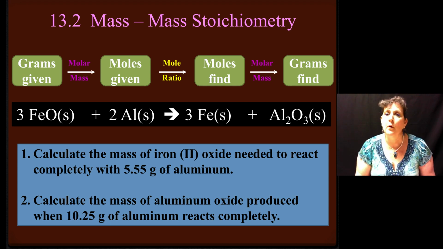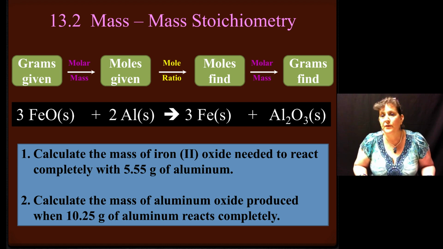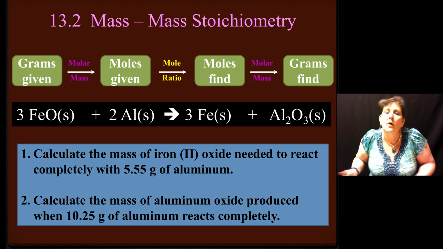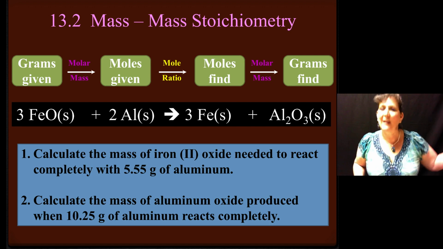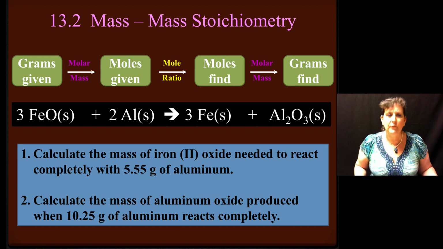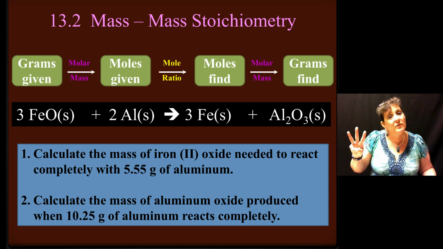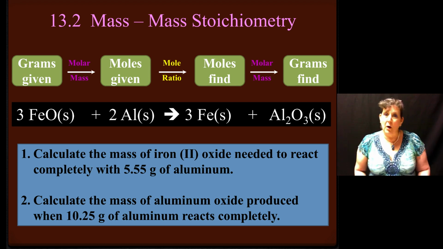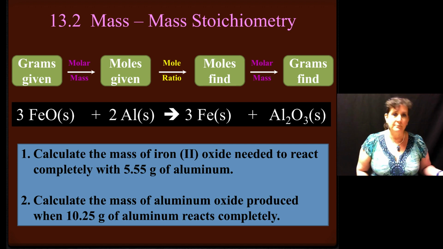We'll have moles of what we're trying to find. But moles isn't good enough because we can't weigh out a mole. So we're going to use the molar mass of that chemical to convert back to grams of what we're trying to find. So these are often referred to as grams to moles to grams problems. They're 3 steps. They're always 3 steps. And you usually start with grams, go to moles, and go to grams.